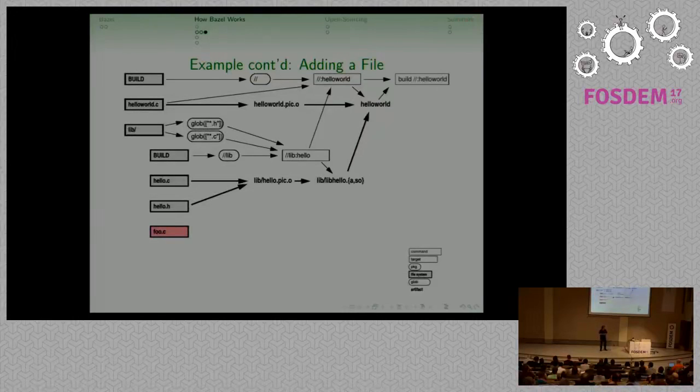For example, if we add a file to that directory, just simply adding the file, then of course nothing has changed with the targets we've built, but we discovered that the content of the directory has changed. And by discover, I actually mean on operating systems where that's possible, Bazel tries to be notified by the operating system about changes, but it can always fall back to restarting everything.